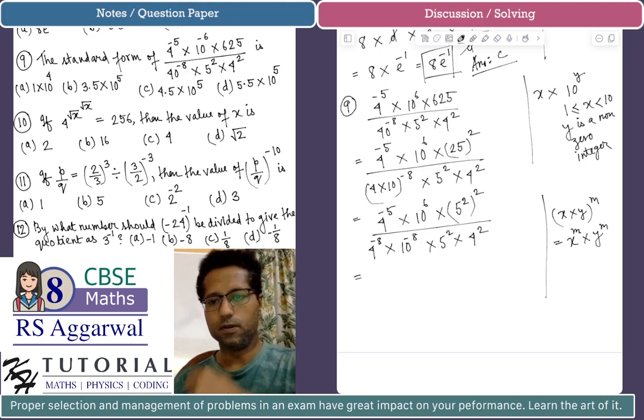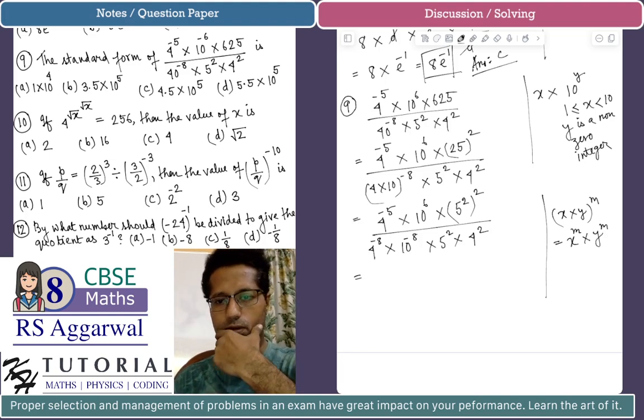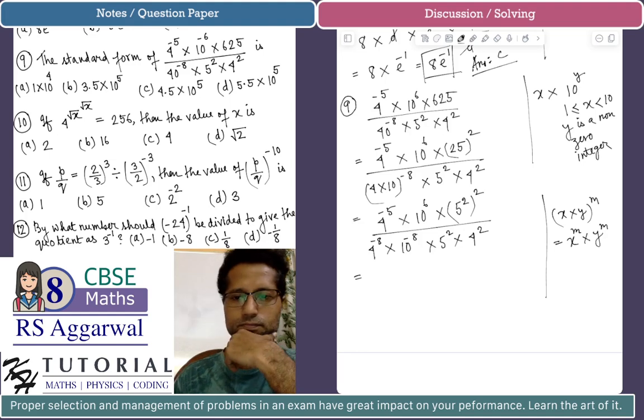Now we will eventually merge all the powers of 4 and all the powers of 5 and all the powers of 10 into single exponential terms with the bases 4, 5 and 10.